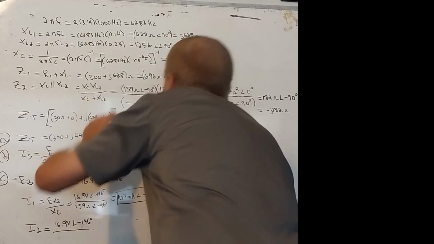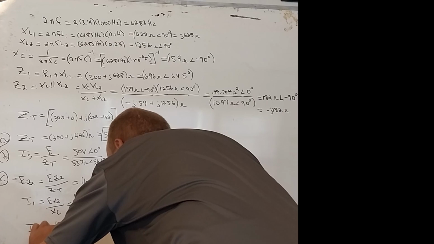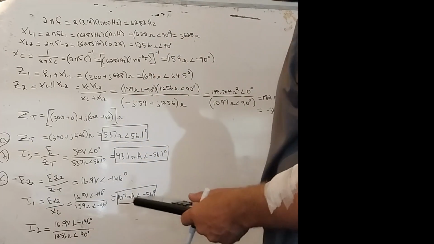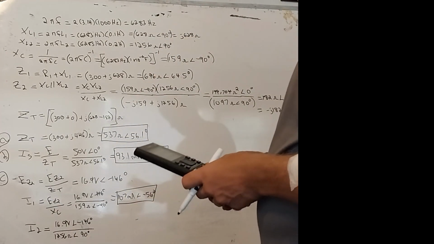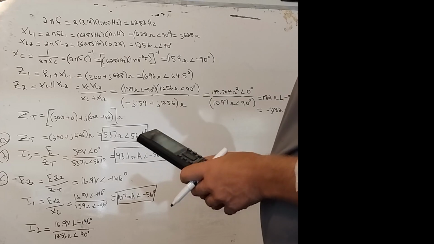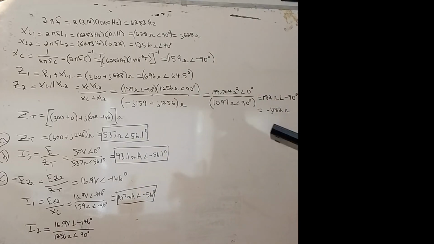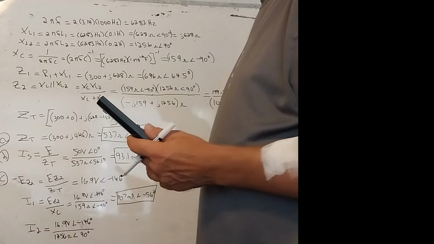We calculated that to be 1256 ohms, and that's 90 degrees because it's an inductor. 16.9 divided by 1256 is 13.5.